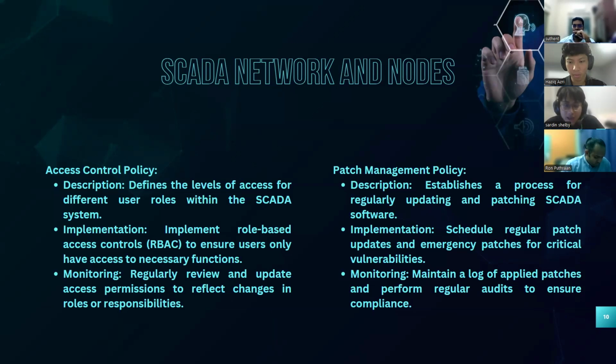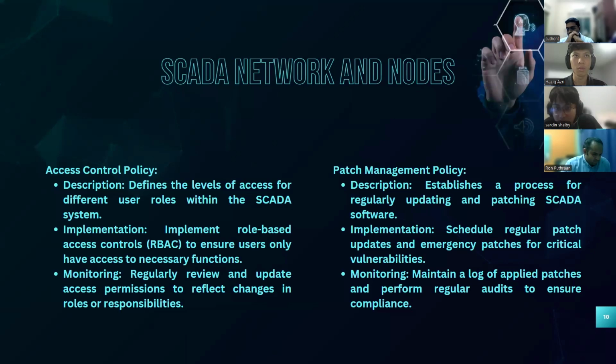For implementation, we implement rule-based access control to ensure that users only have access to necessary functions. And for monitoring, we need to regularly review and update access permissions to reflect changes in roles and responsibilities.